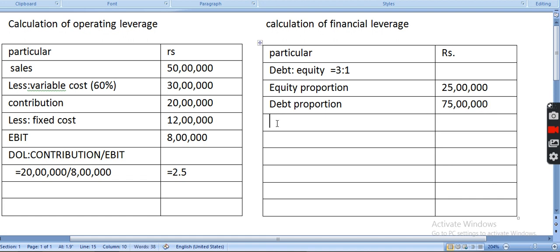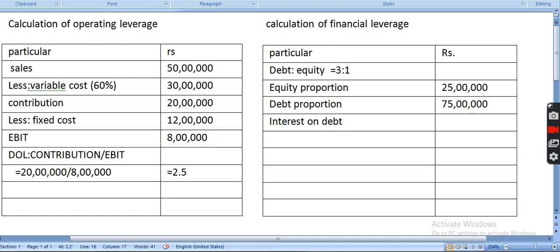Then you have to calculate interest, because in the formula we require two data, that is EBIT and EBT. Interest on debt. Interest is always on what? On the debt, the borrowed amount.